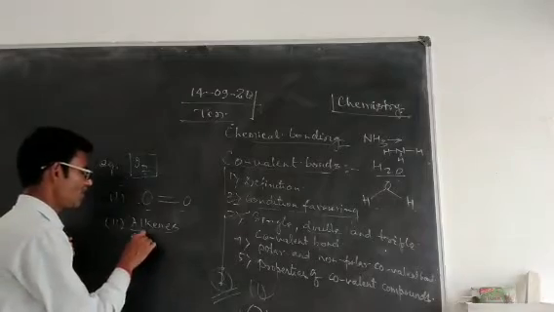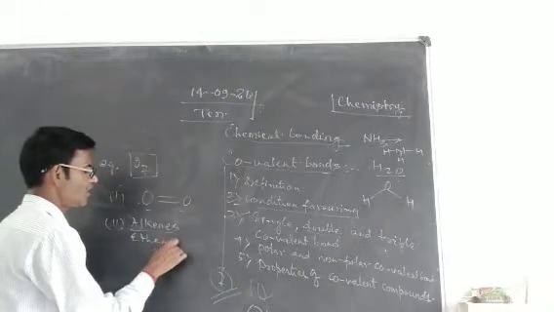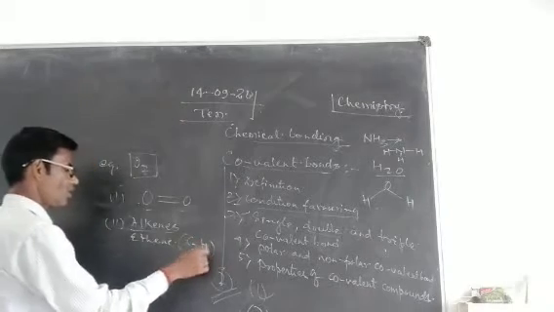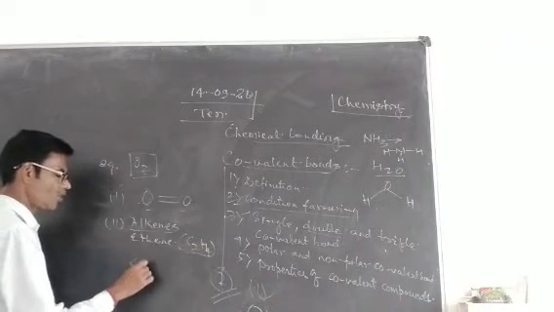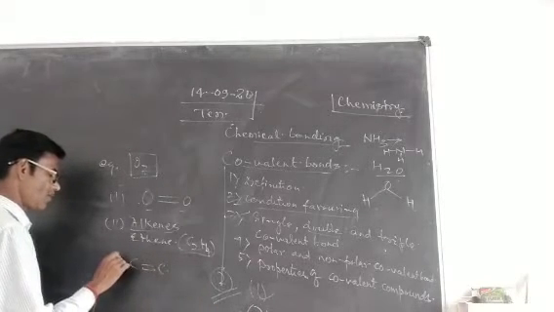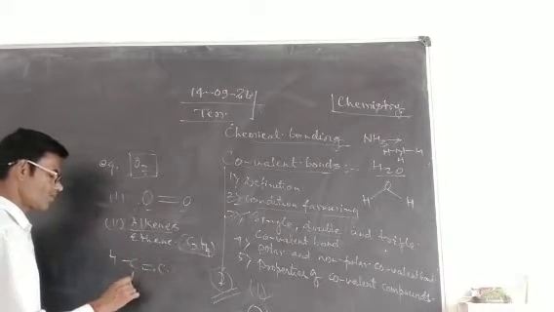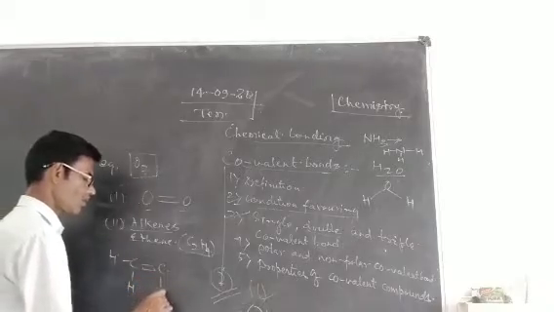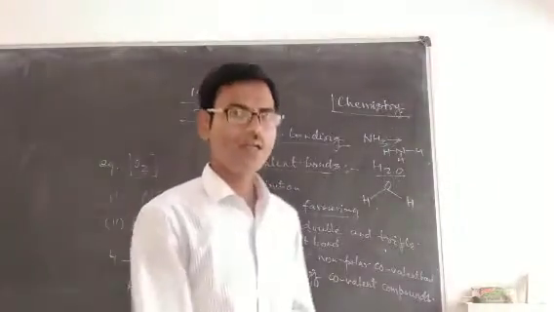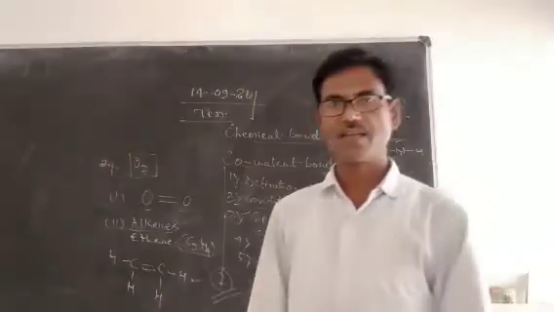For example, ethene. Ethene's formula is C2H4. In ethene, the two carbon atoms are linked by a double covalent bond. A carbon-carbon double bond is contained in the molecule of an alkene.